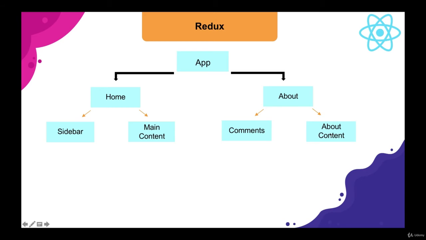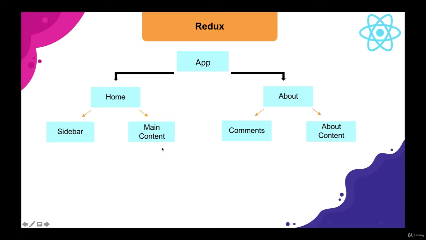And then on the other hand, inside the About content, on the About page, we're also going to want to show the same data as well. So we want to kind of share that data, right? They both need that data inside the About content and the main content components.